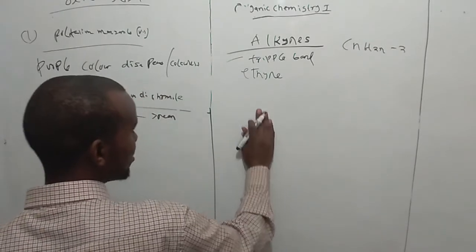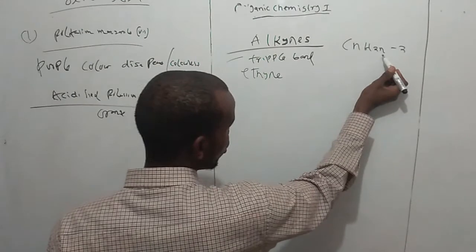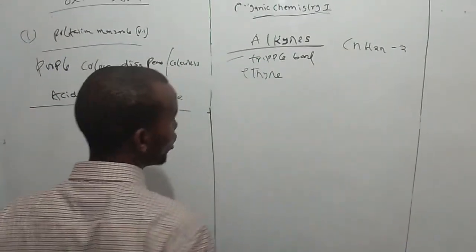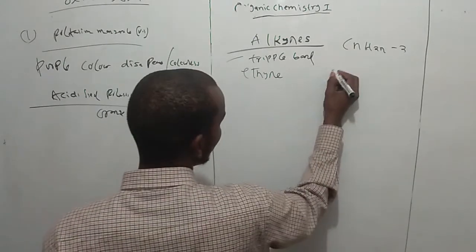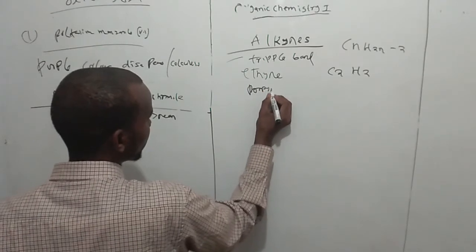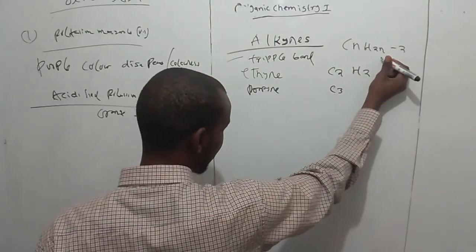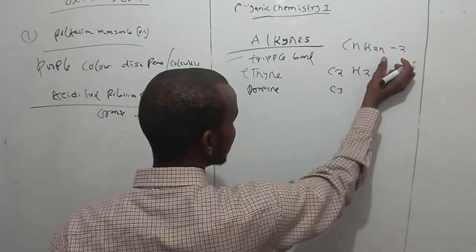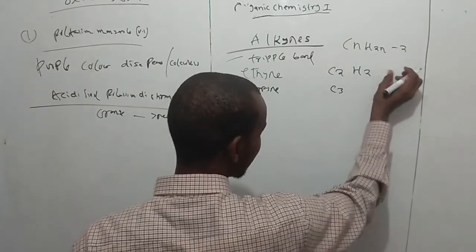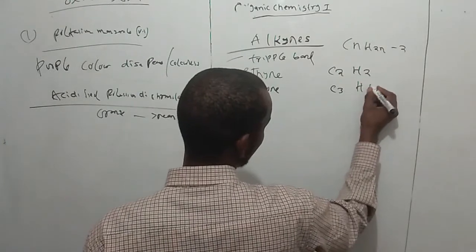If it is ethyne, it means C2, 2 times 2, 4, 4 minus 2 comes to 2. So for ethyne we have C2H2. If it is propyne, C3, 2 times 3, which is 6, 6 minus 2, so we have C3H4.